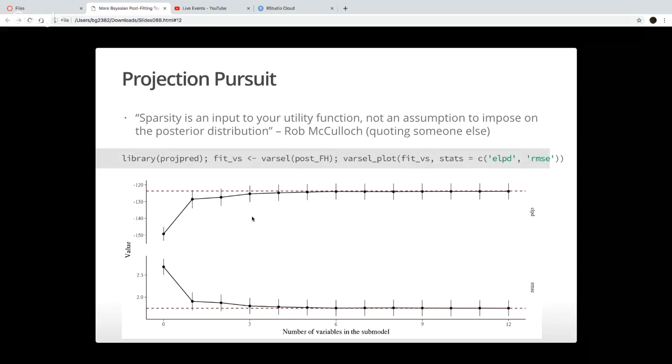So how can we get at that? But this plot is sort of subject to the biases that come about from using the same data to condition on to get the posterior distribution originally as it is to choose a submodel within that.